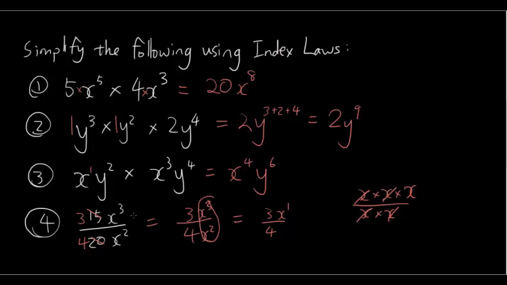If I had changed this question around so that we had 3 on the bottom and 2 on the top, okay, I'll show you what that makes it become. So let me just rub all this out.